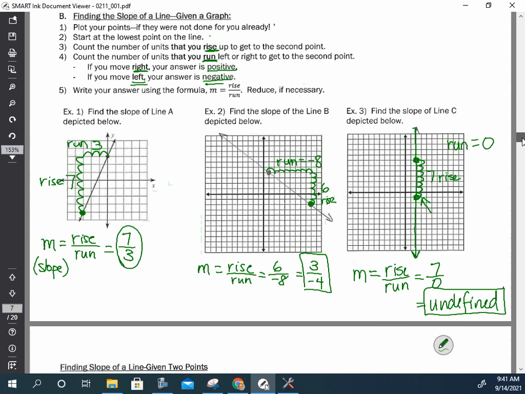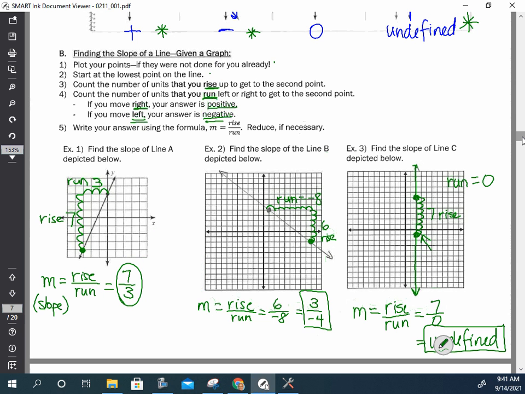One key piece of business here: if you have any number divided by 0, that's going to give you an undefined answer. If you had 0 divided by any number at the bottom, that would be 0.